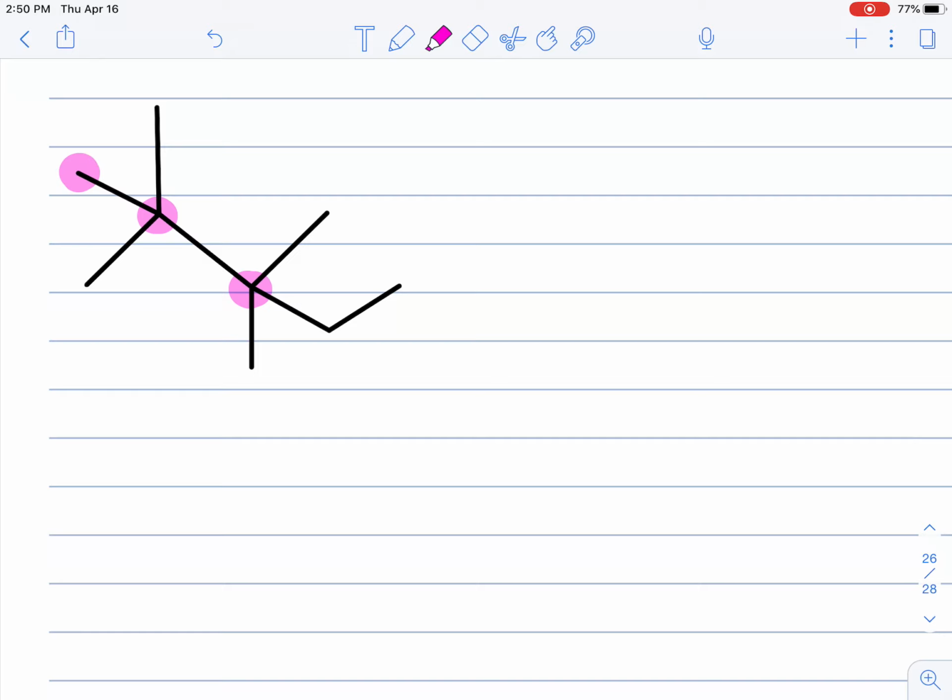And 1, 2, 3, 4, 5. Okay, so it looks like 5 is the highest value. So I know my parent name is going to be pentane. Okay, and once again, just go ahead and choose one consecutive chain of carbons and then name it as is.